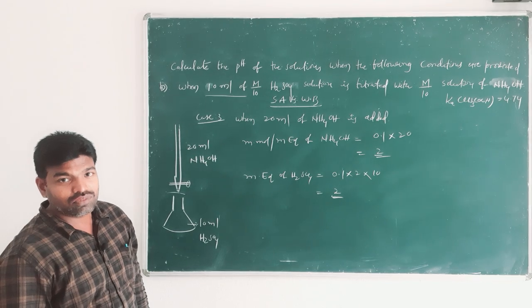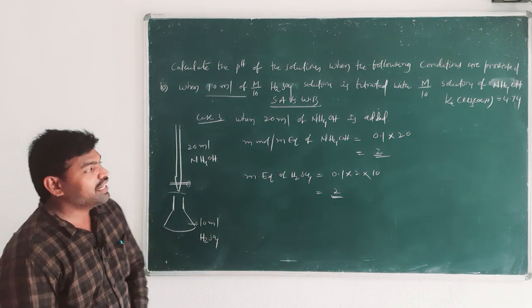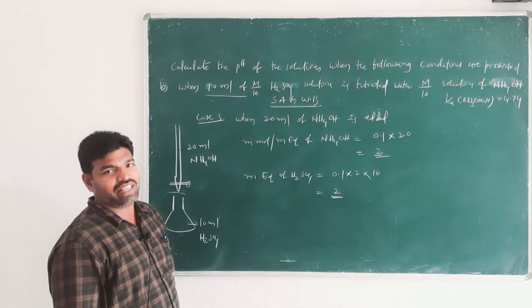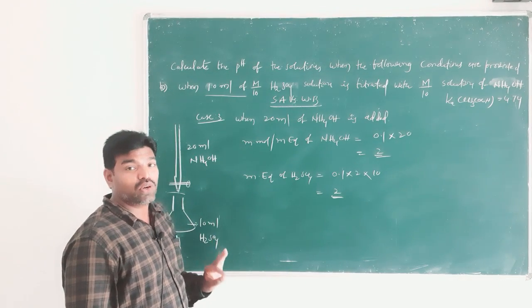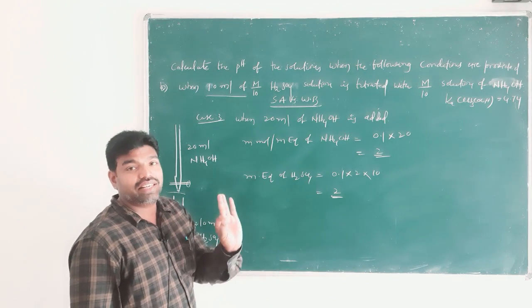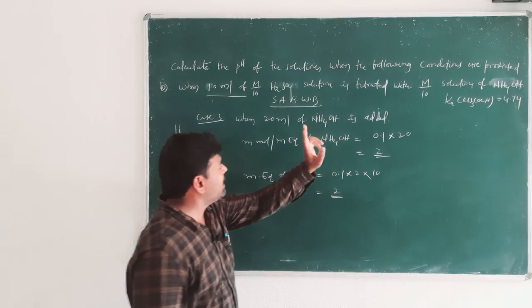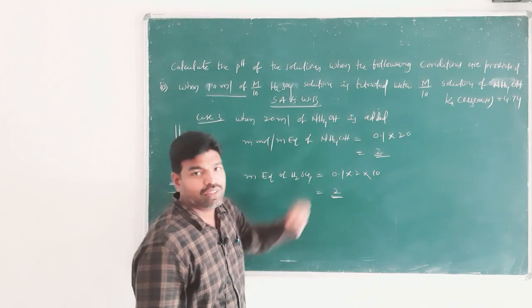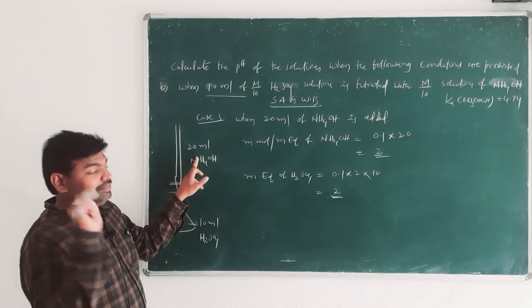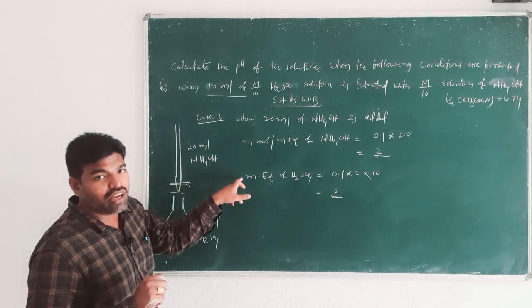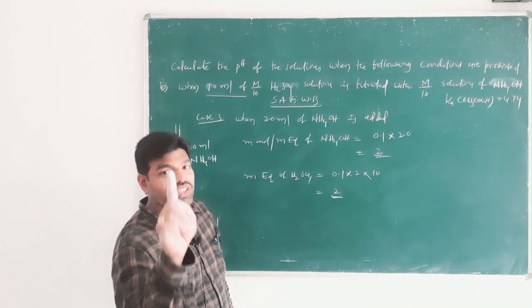So, what forms? That results in salt. Complete neutralization takes place. This is base and this is acid, complete neutralization takes place, which results in salt. So, 2 milliequivalents of NH4OH reacted with 2 milliequivalents of H2SO4 to form 2 milliequivalents of salt.